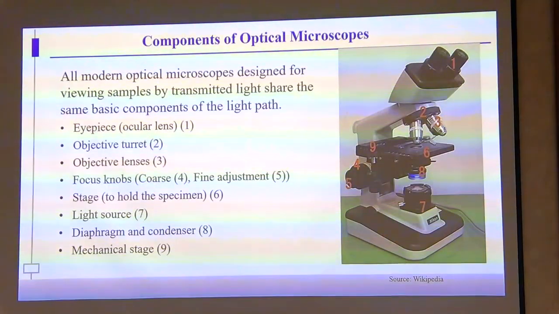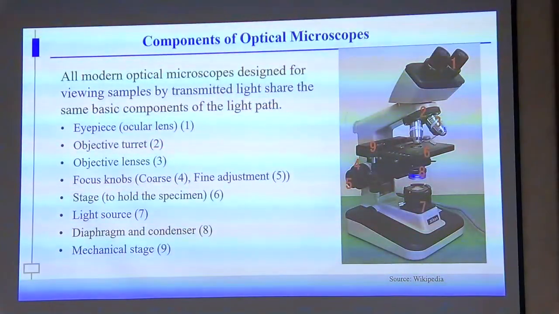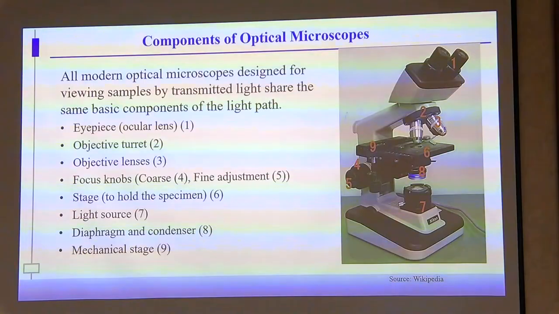So for a simple optical microscope, what are the key components? The first is definitely the eyepiece, that is your outer lens. Here you can see on the picture on the top, and then you have the objective turret. Here we connect these objective lenses. Number 3 is objective lenses, and then you have focus knobs. This focus knob is to move it up and down to properly focus on the object.